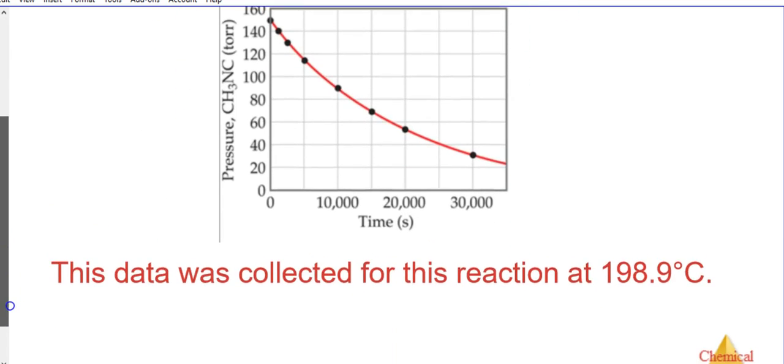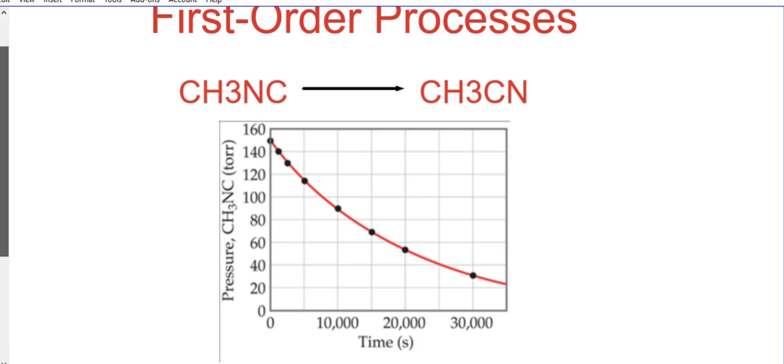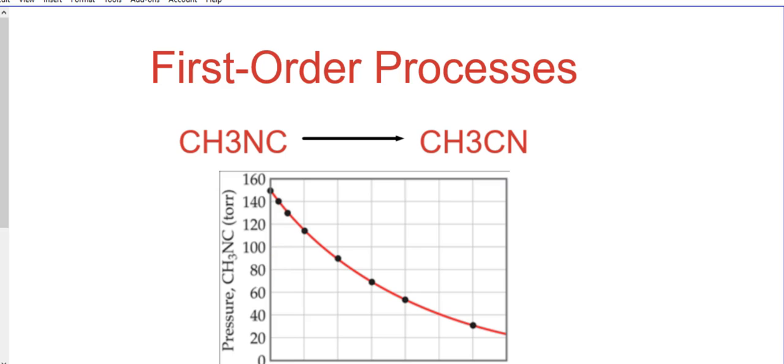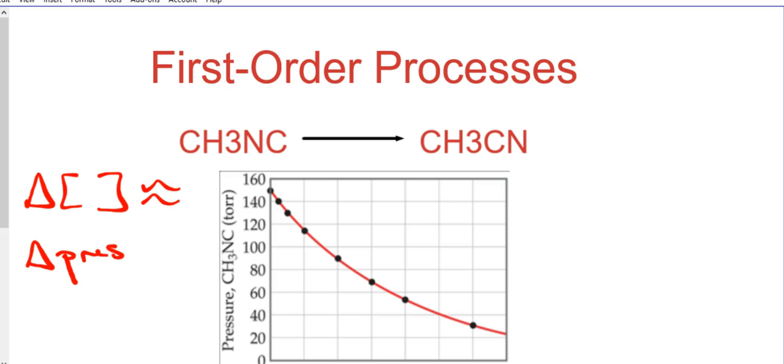This is a plot for the change in concentration. Now, you need to know this from now on. The change in concentration is analogous to, it's not exactly the same, but the change in pressure. So if we do this reaction in solutions, then we'll talk about the changes in molarity.